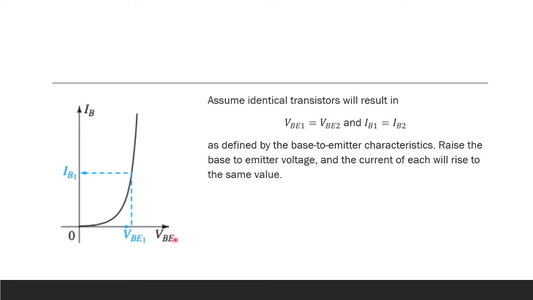This relates yung VBE natin tsaka IB. Sinabi ko kanina, the 0.7 is just an approximate. Diba ganun din naman tayo sa diode? This is the characteristic curve nung base to emitter junction natin sa isang transistor, which is very similar to a simple diode na PN junction lang. So, kinompare natin yung VBE tsaka yung IB natin.